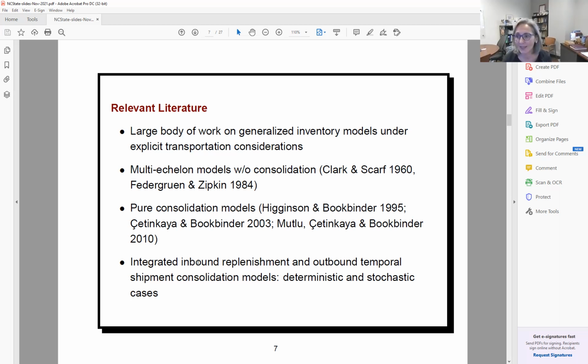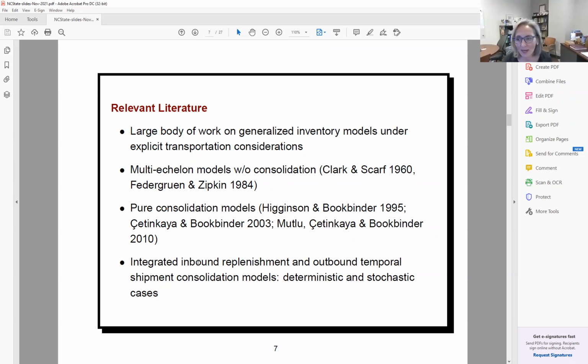These are papers that only consider shipment consolidation efforts without coordination, without an attempt to coordinate consolidation decisions with inventory decisions or other logistical decisions or decisions of other functional entities within the firm.